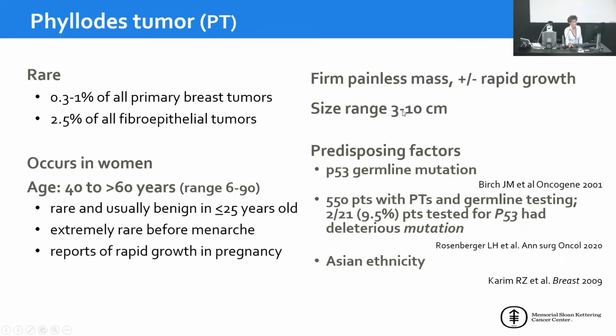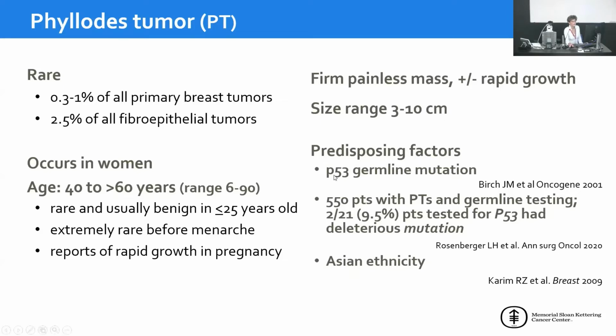The size range is about 3 to 10 centimeters, but some cases can be very, very large. There are some predisposing factors for Phyllodes tumor. One is Li-Fraumeni syndrome. P53 germline mutation has been associated with a higher than expected rate of Phyllodes tumor. But that is actually not talked about very much, since patients with Li-Fraumeni have so many tumors.